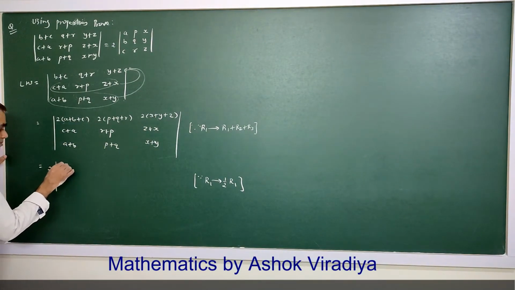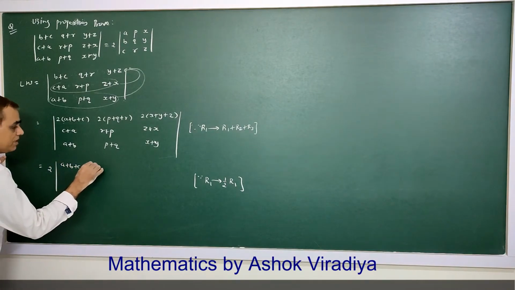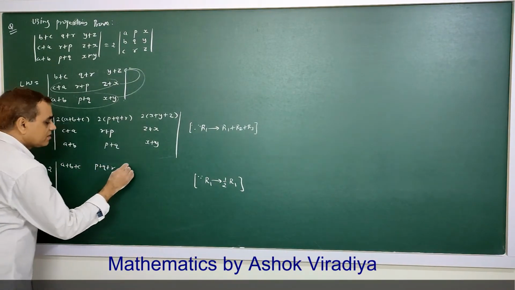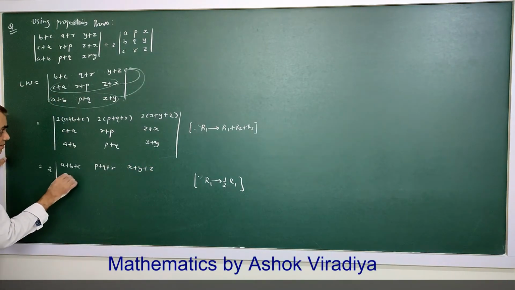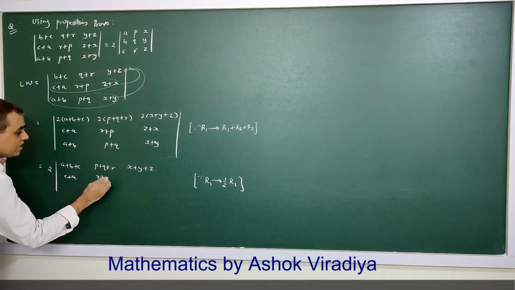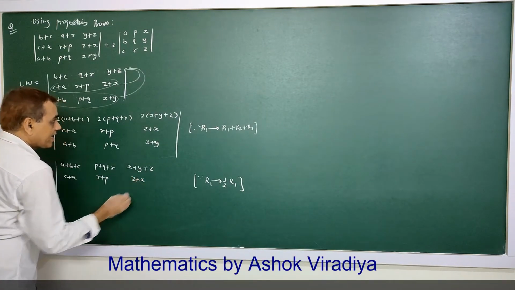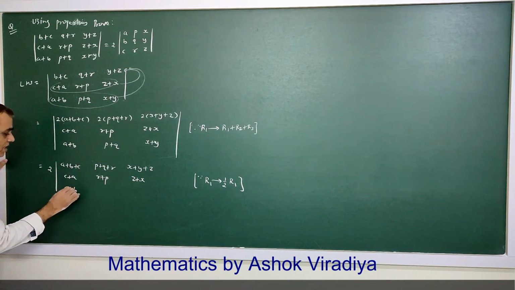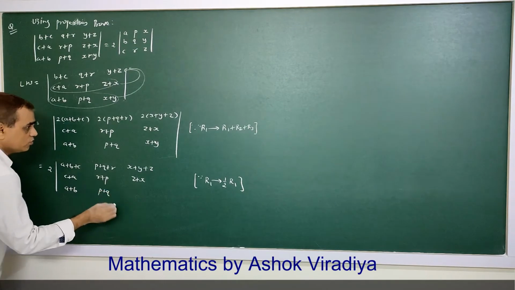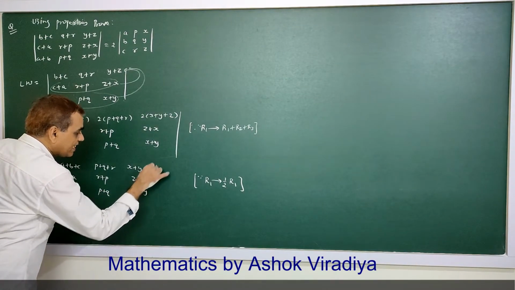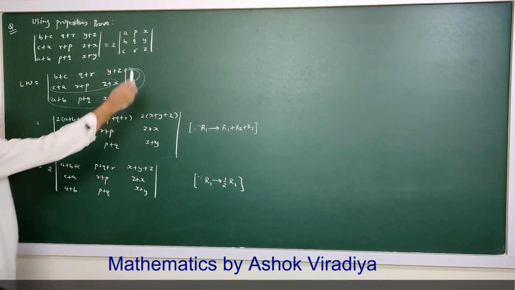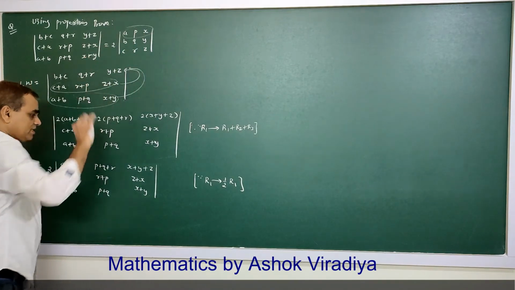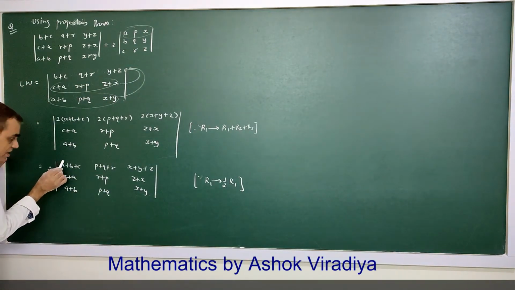So A plus B plus C, P plus Q plus R, X plus Y plus Z, C plus A, R plus P, Z plus X, A plus B, P plus Q, X plus Y. Now observe here, we want APX.